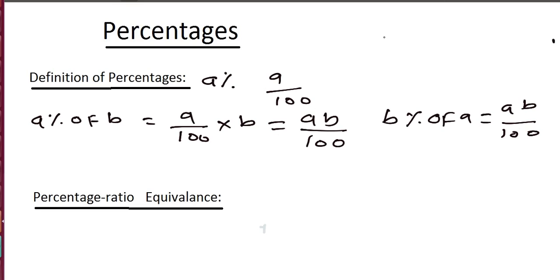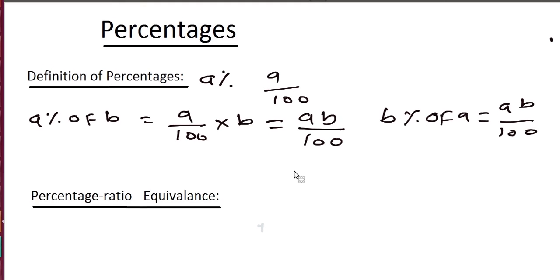So let's see some other concepts. Percentage ratio equivalents. If we remember a few ratios and their percentage equivalents, it will be helpful for doing calculations. For example, if I have the ratio half, what is its percentage equivalent?